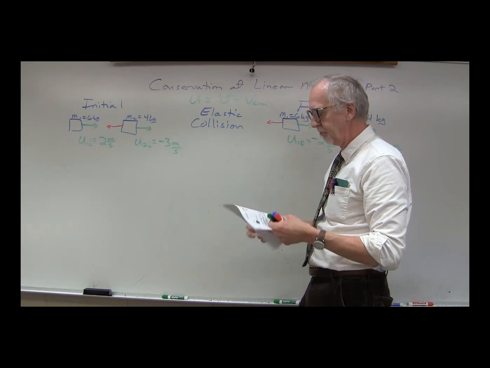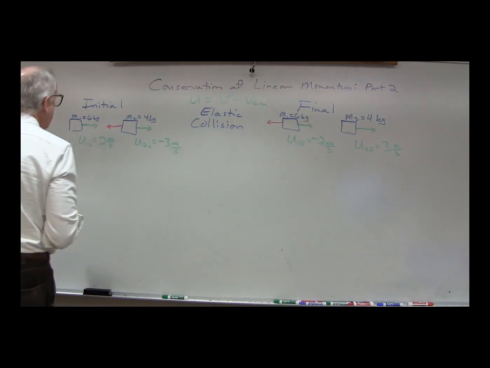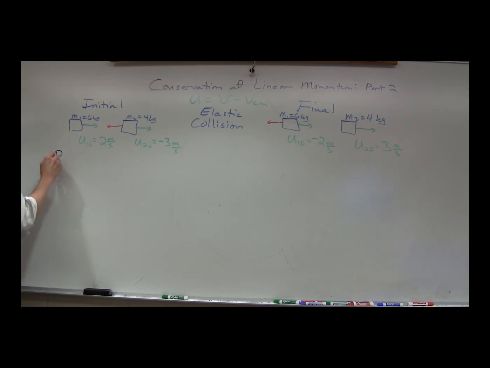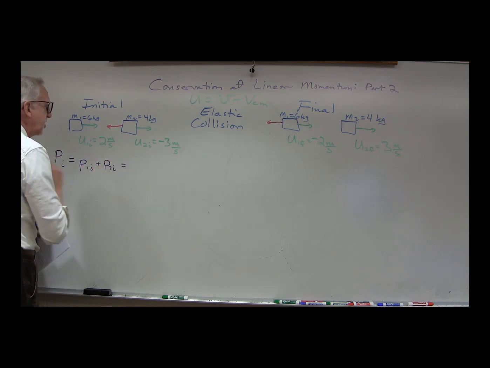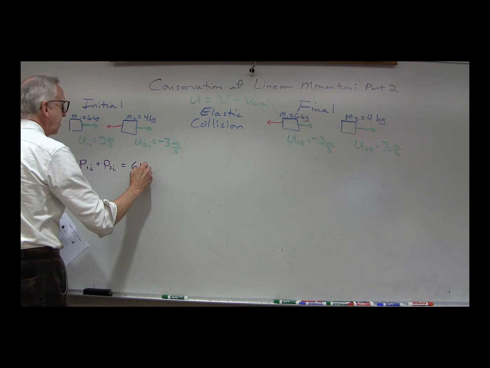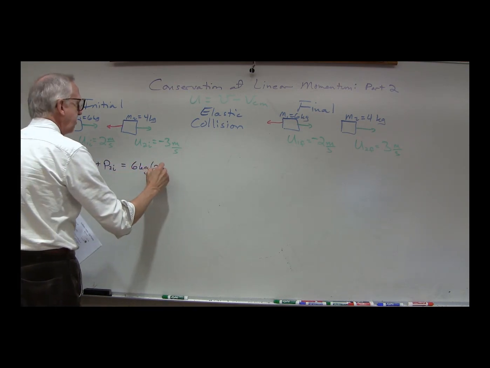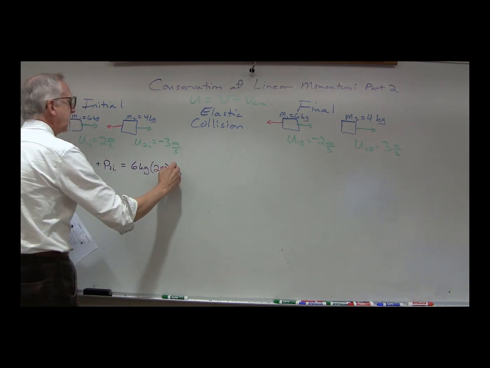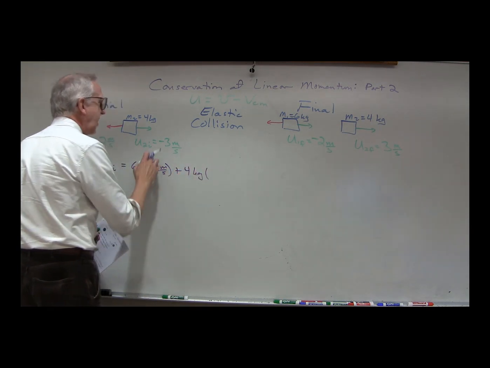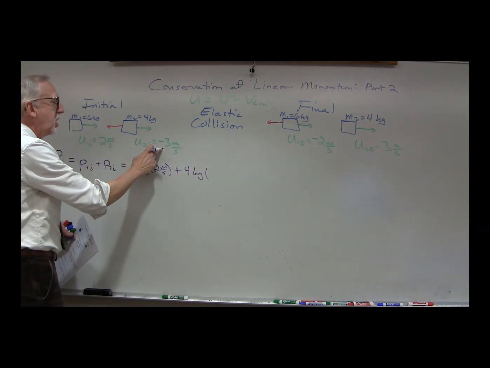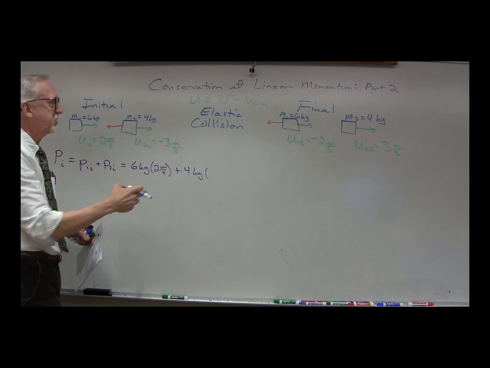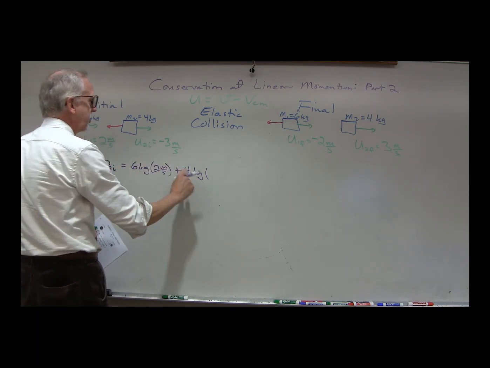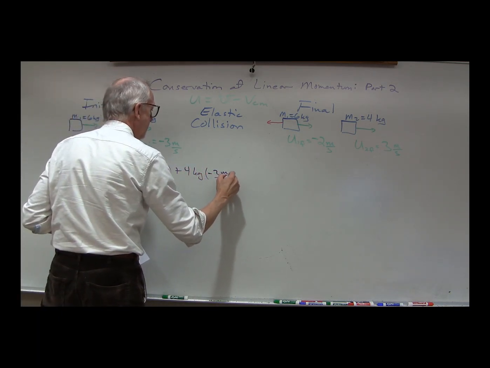The total initial momentum will be the momentum of mass 1 initially plus the momentum of mass 2 initially, which will be 6 kilograms times 2 meters per second plus 4 kilograms times, now we've got to keep that minus sign because that is indicating the direction, because U is a vector, but p is also a vector, so we've got to maintain that negative sign in here. So times negative 3 meters per second.